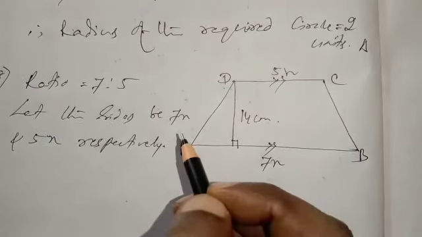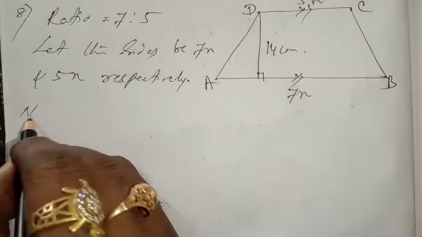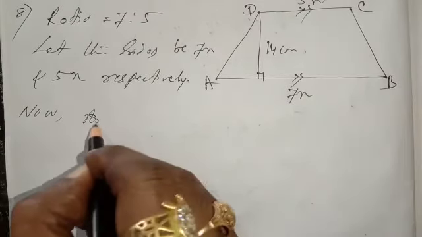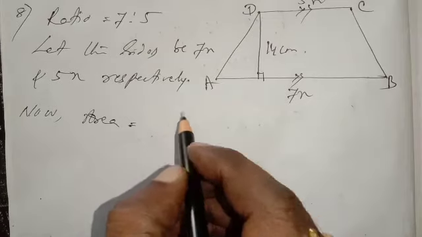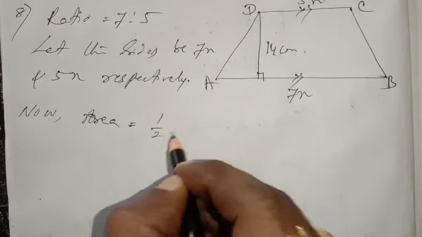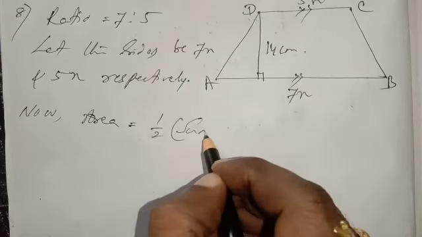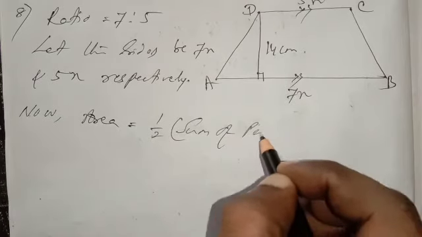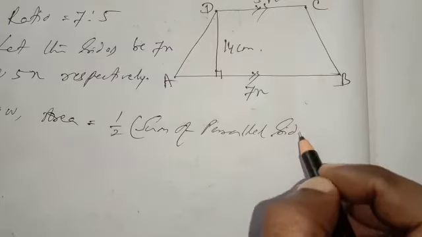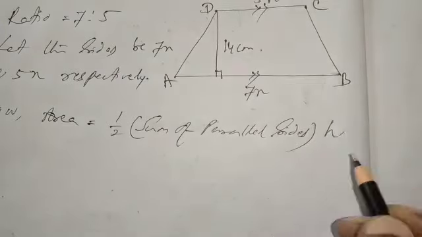Now apply the formula for the area of a trapezium. The area of a trapezium formula is 1/2, means half the sum of parallel sides, into height.